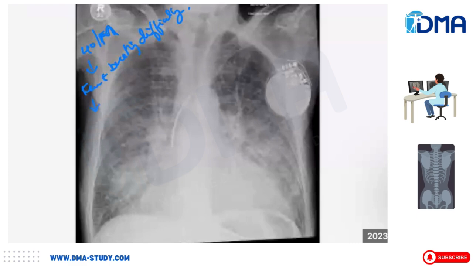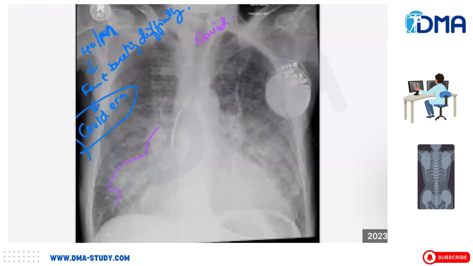Okay, I'll tell you a hint. He is coming during the COVID era. What could be the possible diagnosis for this patient? The patient could have a COVID pneumonia, right? The patient could have a COVID pneumonia.